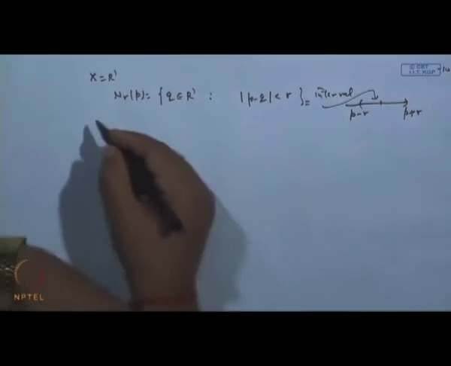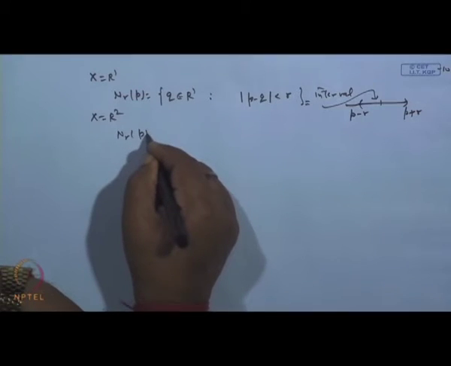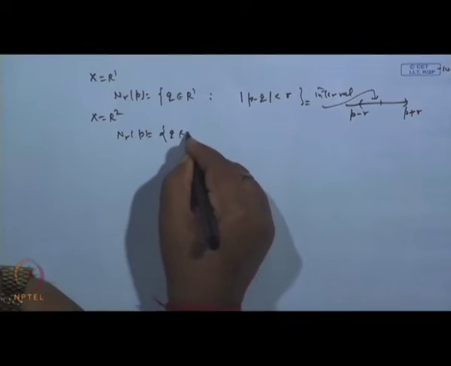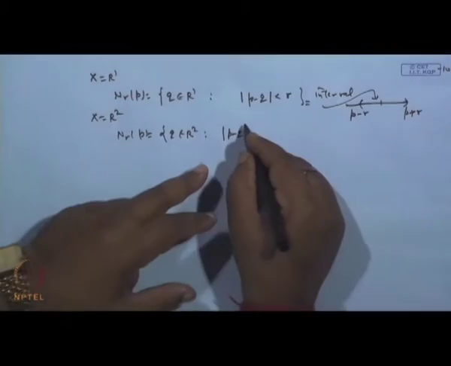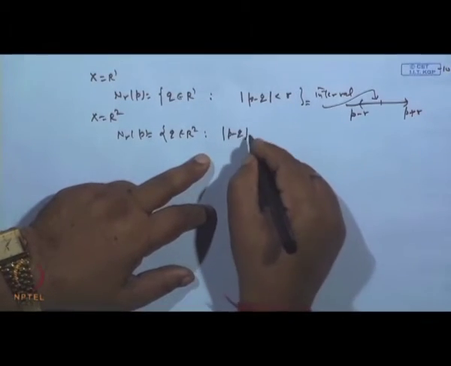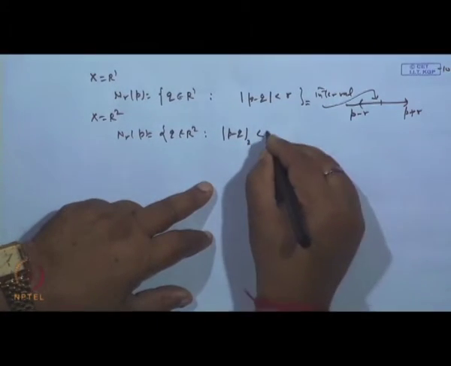When X is R2, then N_r(P) is Q belonging to R2 such that the distance d2 of P and Q is less than r.